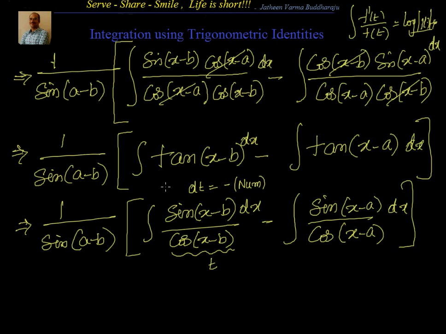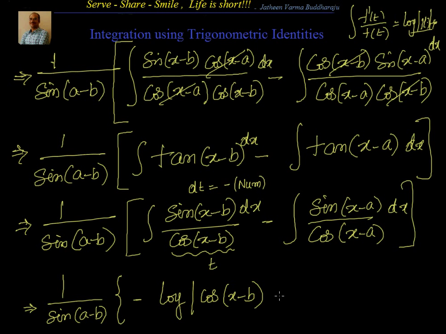So can I write it as 1 by sin of a minus b, and coming to the derivative part I have t equal to cos of x minus b, so the derivative of that is minus of sin of x minus b, so I have a minus there. So the integral of that is minus of log cos of x minus b.